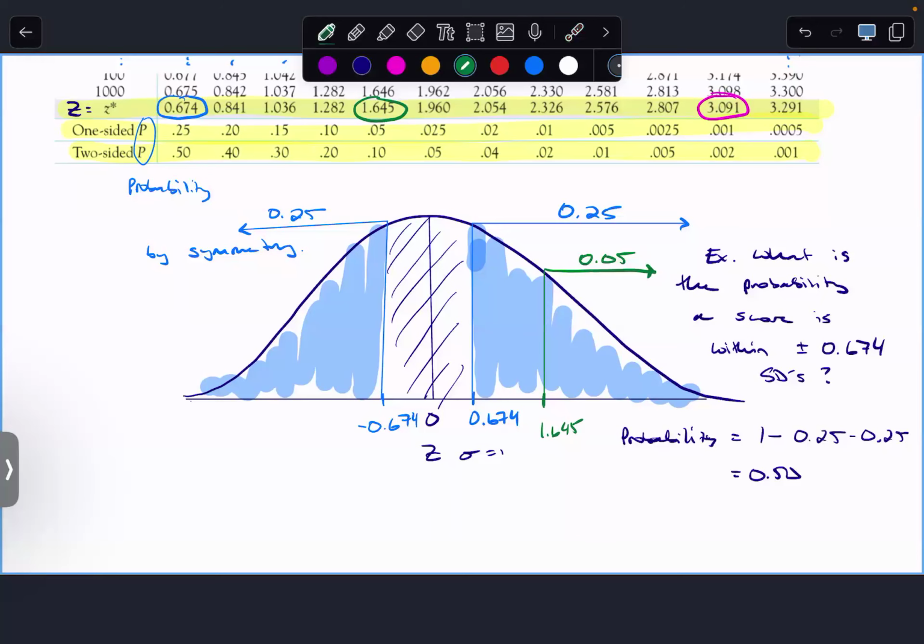If I know the area above is 0.05 in the tail, then, by the total area being 1, this must be 1 minus 0.05, which is 0.95.